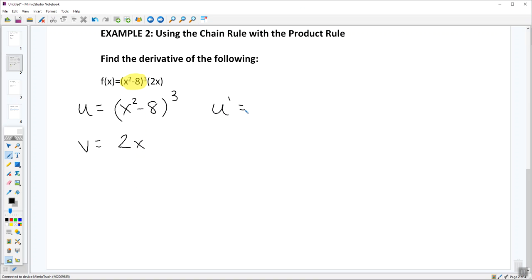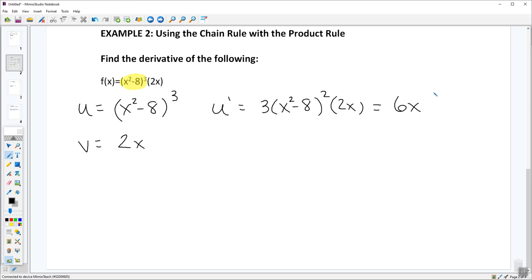3 times x squared minus 8 to the second times 2x. Okay, and I'm probably gonna combine that 3 and 2x. Is that all right with you guys? Yeah, so it'd just be 6x. Yeah, I'm gonna call it 6x. That's just these two on the ends, the 3 and the 2x.